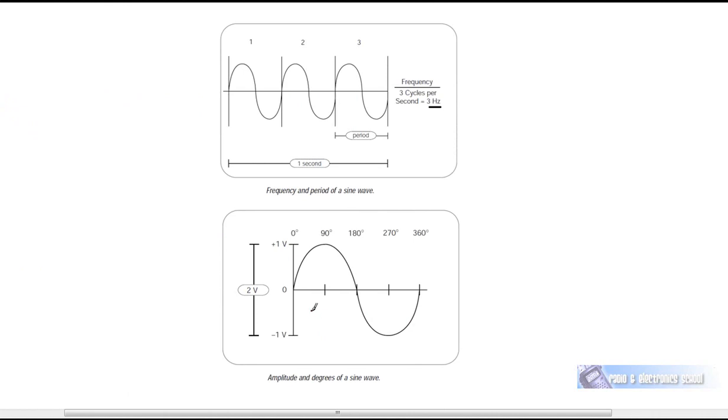In the bottom diagram, I've shown 1 cycle of sine wave. So the first cycle is the current flowing in one direction. The current or voltage starts from 0, rises to a maximum at 90 degrees, because one complete cycle is 360 degrees.